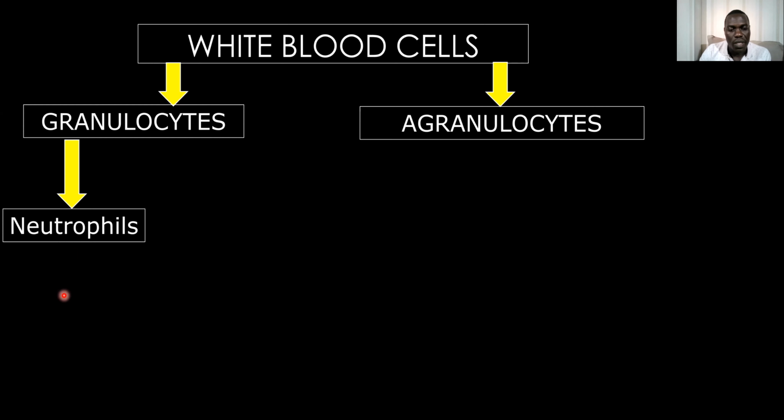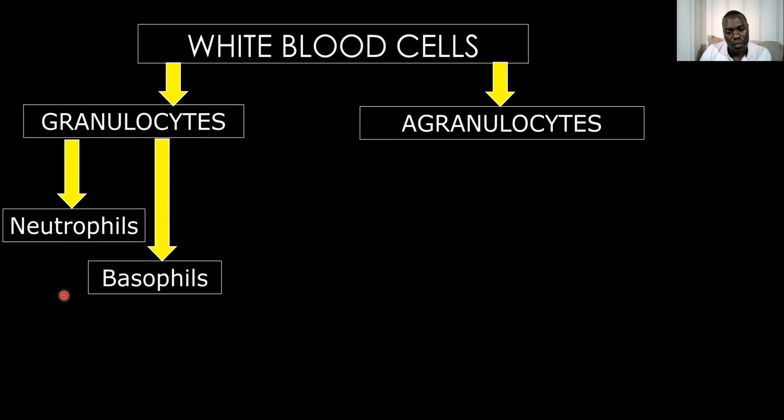Compare that with basophils. Basophils are perhaps the least in the circulation. They are less than 1% in the circulation. They're the least. Basophils release their granules to mediate allergic reactions. Basophils are not limited to the blood circulation.